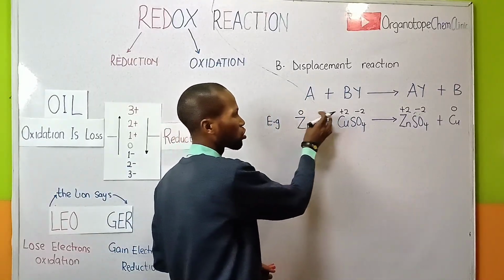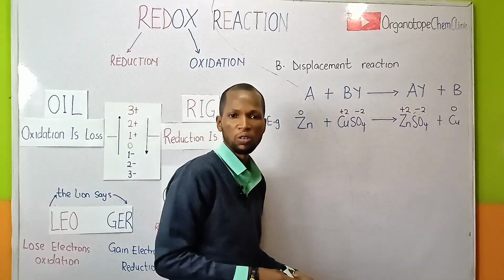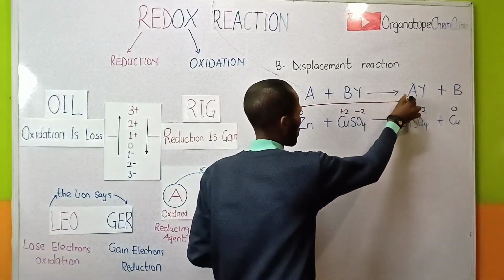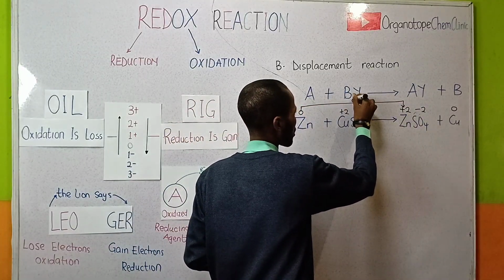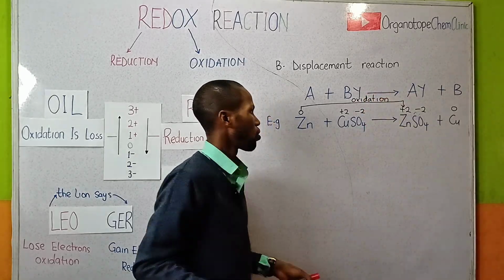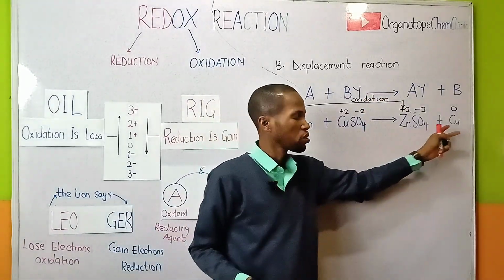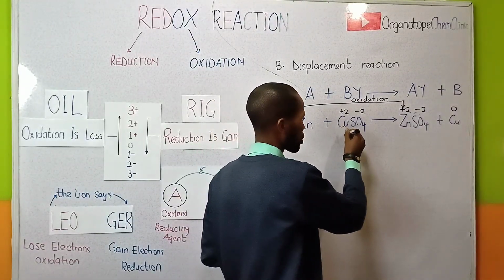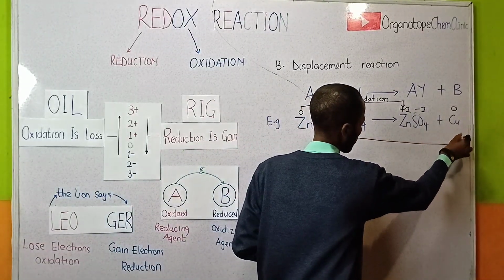So let us check the oxidation process and the reduction process in this displacement reaction. We have 0 to +2 is what? Oxidation. So this is oxidation. While +2 to 0 in the case of copper is a reduction process.